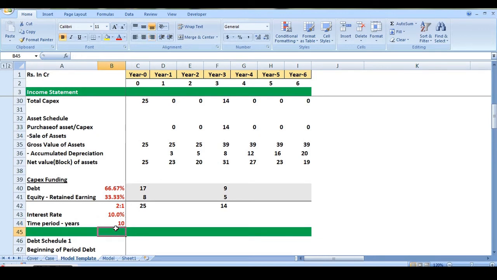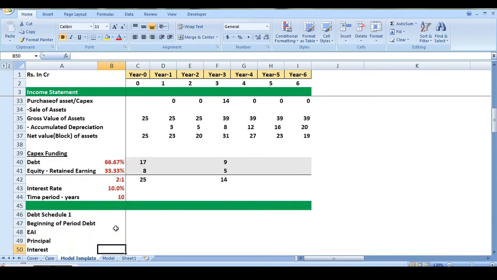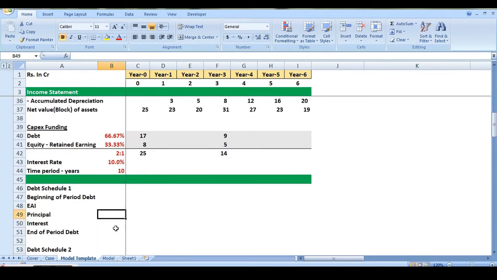Now, talking about debt schedule, whenever you are preparing the debt schedule, prepare it in this manner: beginning of period debt, equated annual installment, principal, interest, and end of period debt. It will give us all the required values which we are going to use into the balance sheet and into the income statement wherever necessary.